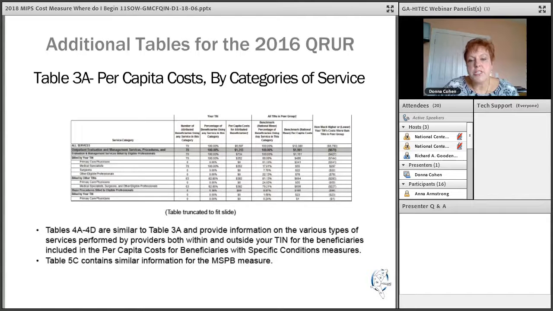So if a lot of your patients are seeking services through specialty care providers that's higher than the benchmark, then that would be an opportunity for you to reach out and hopefully lower those costs and try to keep those patients and treat them in-house as much as possible.